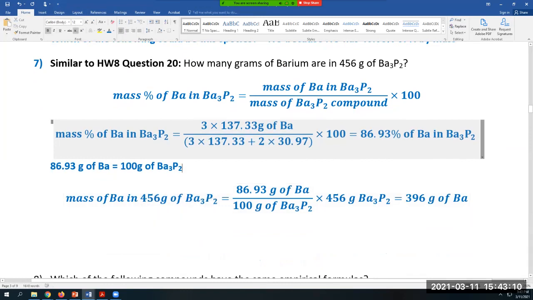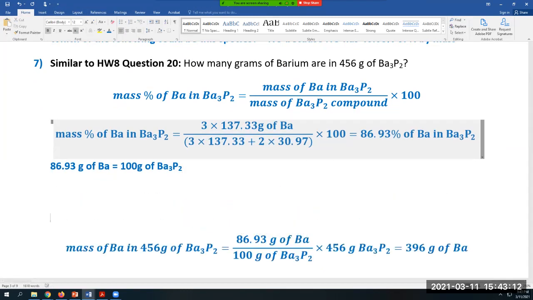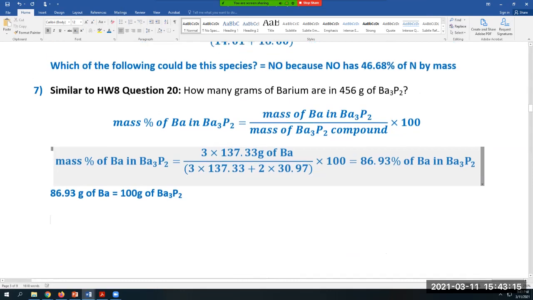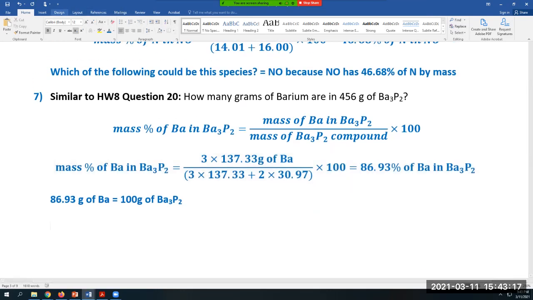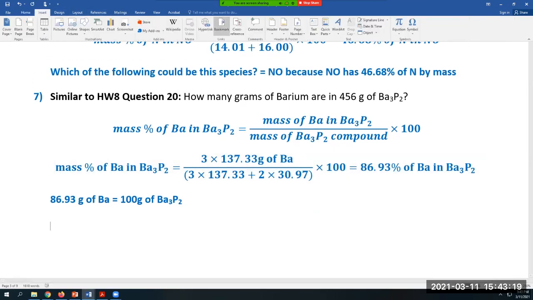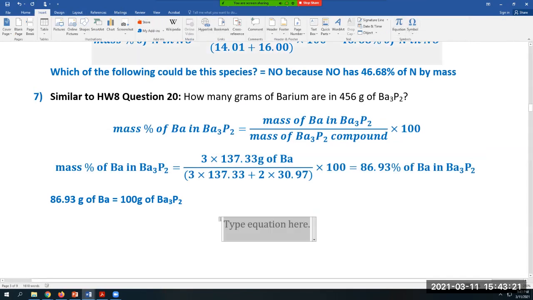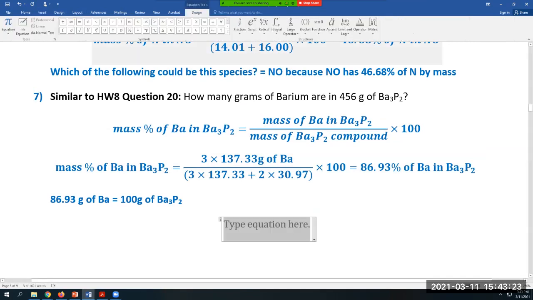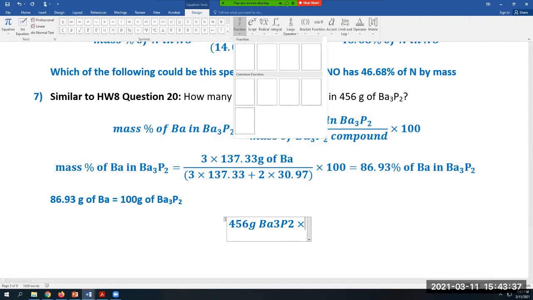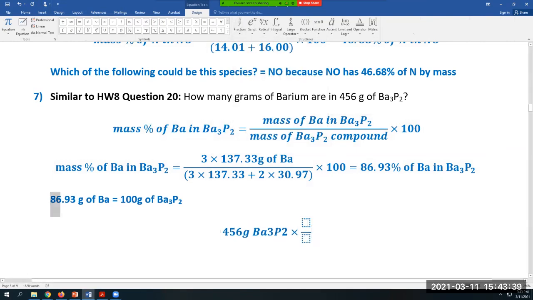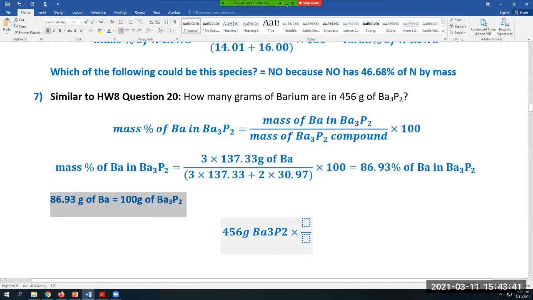So let's do it all over, because let's insert an equation here. So you would start by typing the grams of Ba3P2, and then you will multiply by the conversion factor that comes from this equality, which comes from the mass percent.